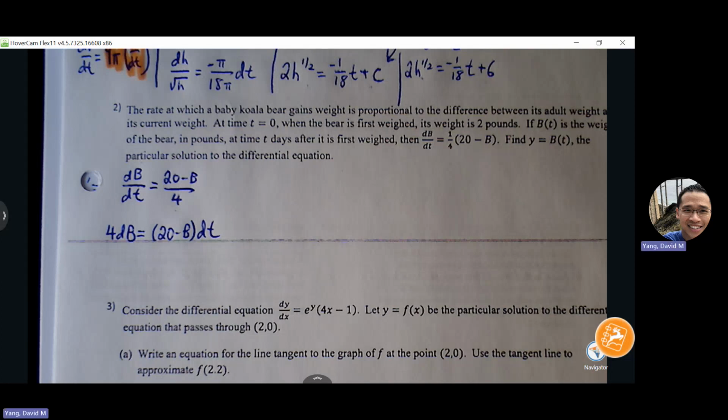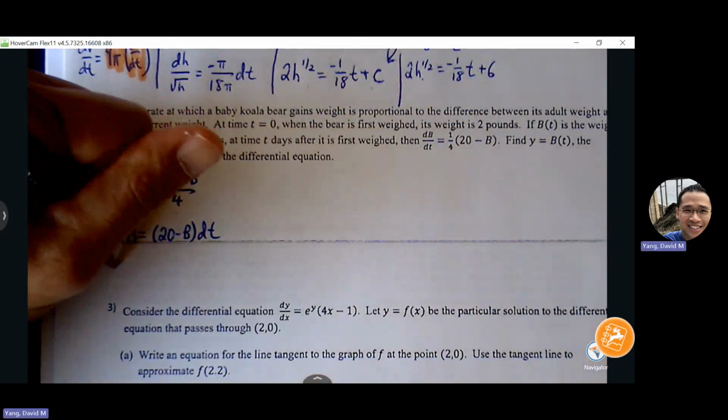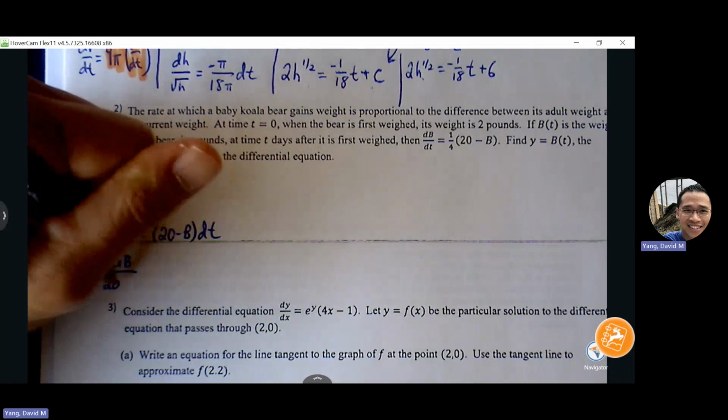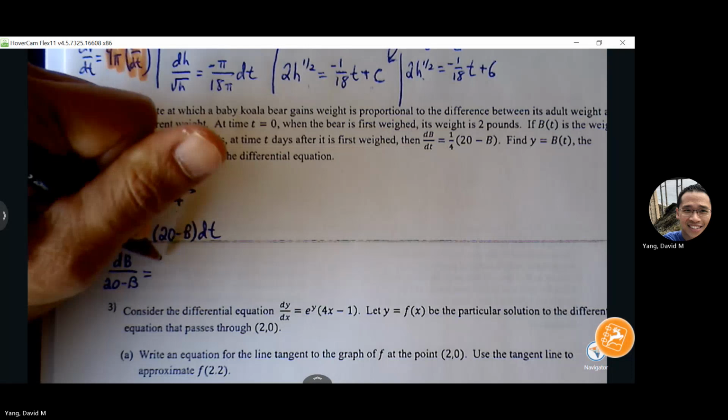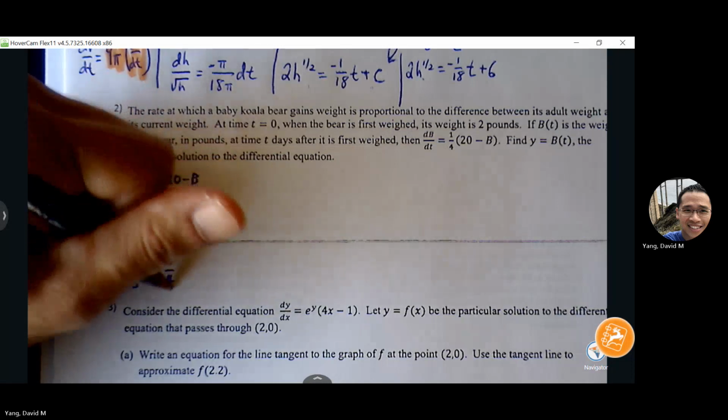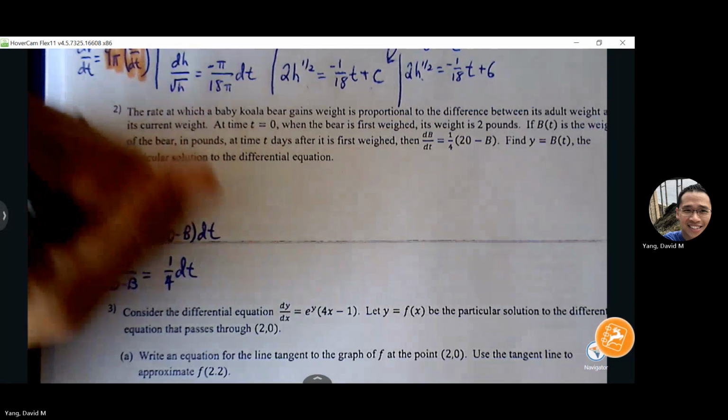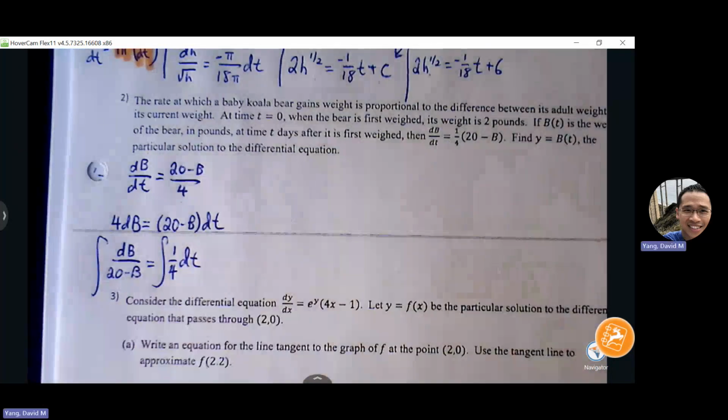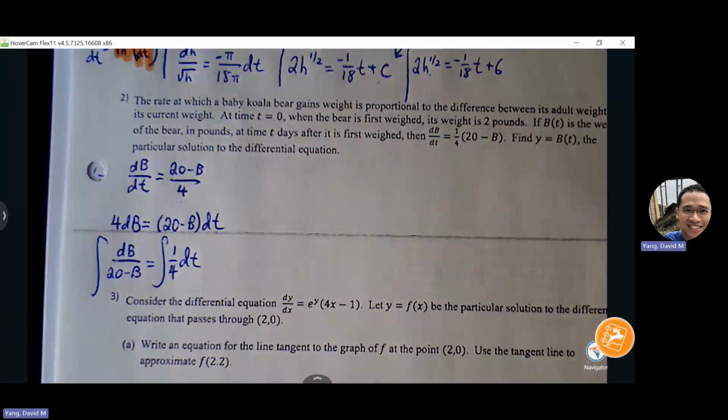The 4 doesn't have to be on the left side. Let's just go ahead and move it to the right. So both the 4 and the 20 minus b will end up in the denominators on the opposite side. Right, full separation, right? B's on the left, everything else on the right. Okay, everybody okay with dividing over and getting those lined up?